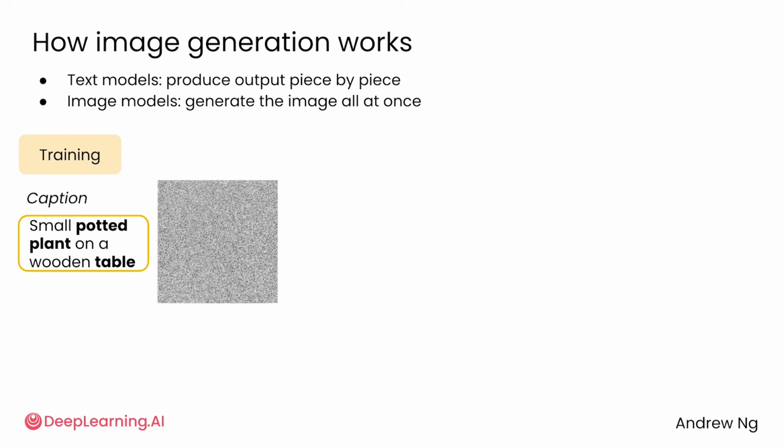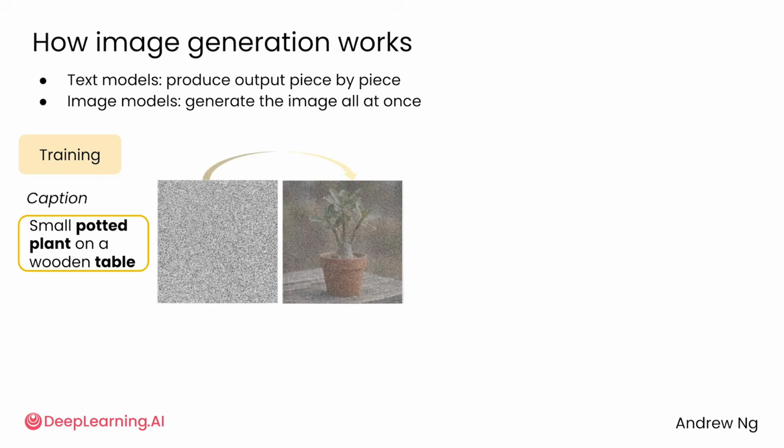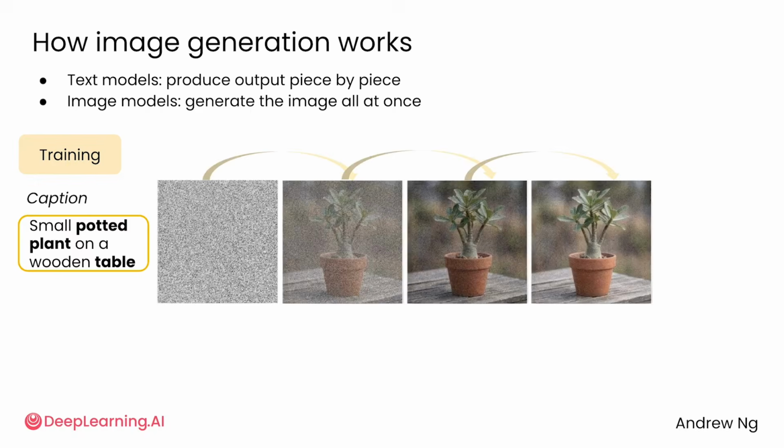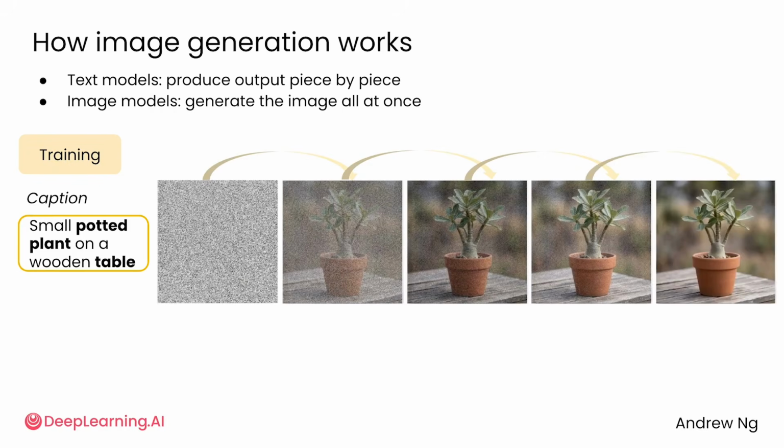And it will then learn to sequentially remove or subtract noise from the image to go from pure noise on the right to a slightly blurry picture of a potted plant, to a less blurry one, to a less blurry one, to finally a sharp picture of a potted plant. And that's what the AI model tries to repeatedly practice doing during training.